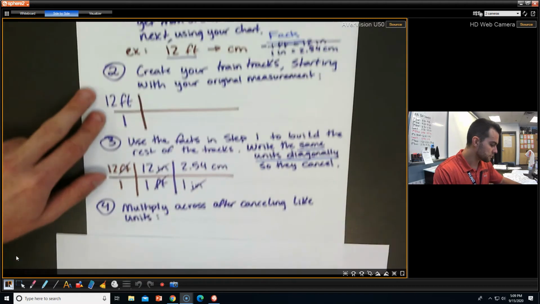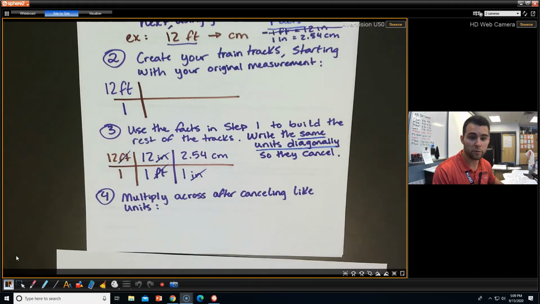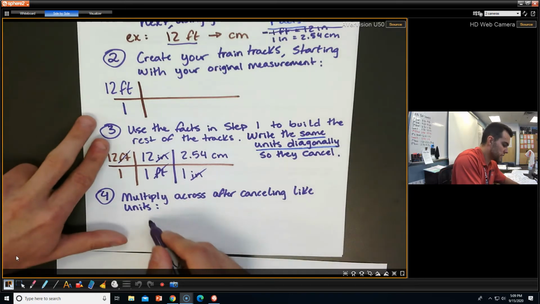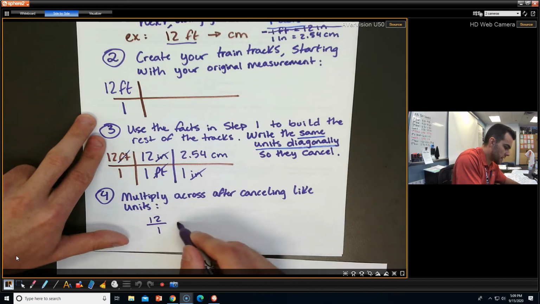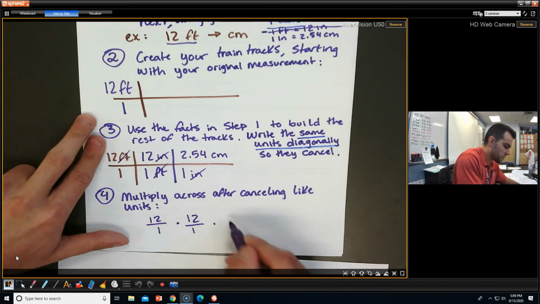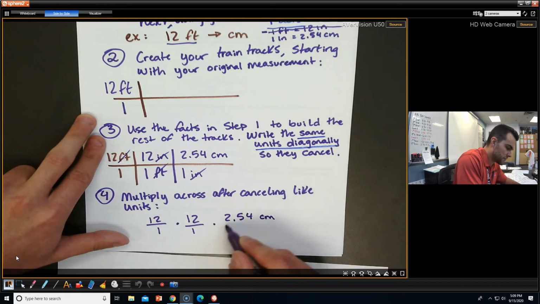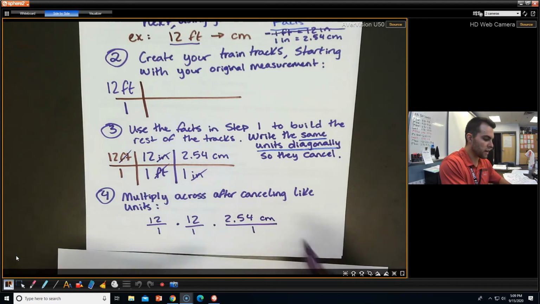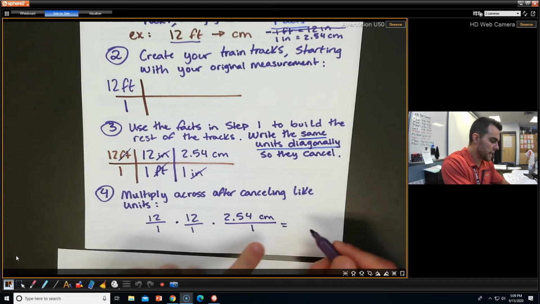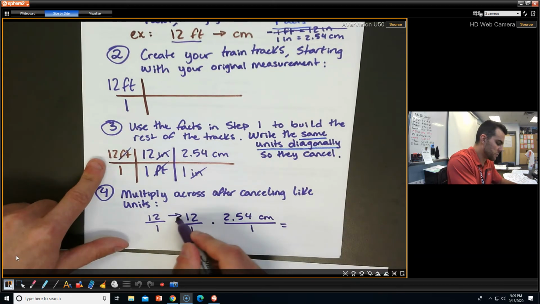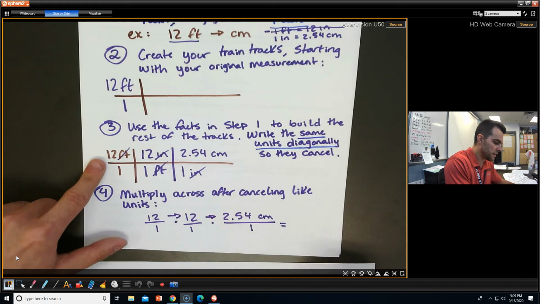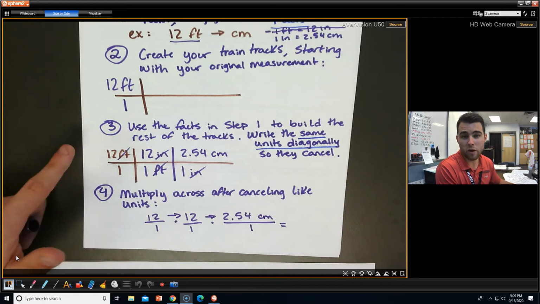Now our final step is to multiply across after canceling out the like units. So this is 12 over 1 times 12 over 1 times 2.54 centimeters over 1. We're going to end in centimeters. Like I multiplied fractions before, I go right across. We know 1 times 1 times 1 is 1.